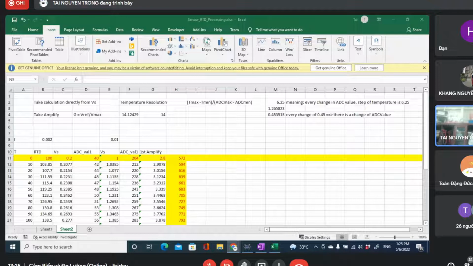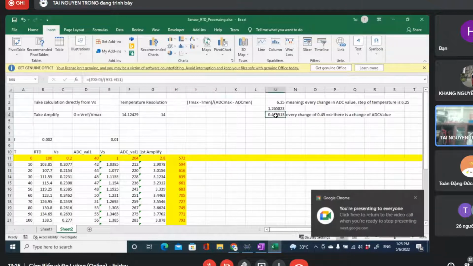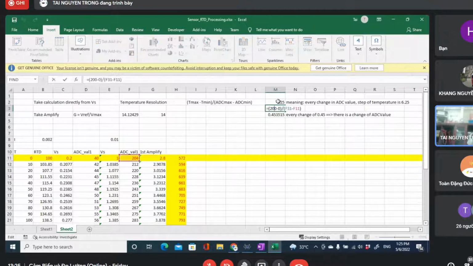Okay, and then this is much more sensitive and it will be much better than the other one. As you can see, the first one, the second one, and the third one. Okay, and then we can check it.